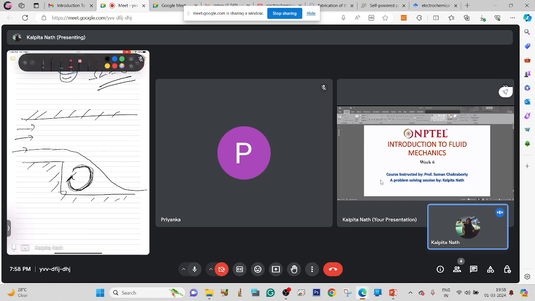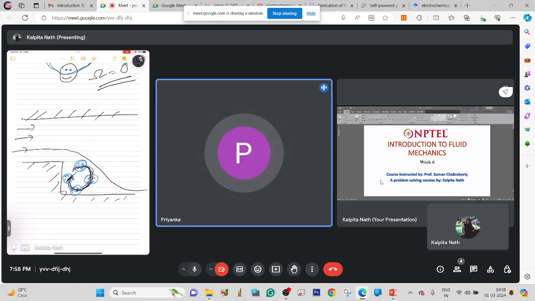So if I draw the fluid element over here, let's suppose it is like this, here it is like this, here it is like this, here it is like this. Can you now see what is the difference between these two cases? There is rotationality, there is vorticity in the second case.